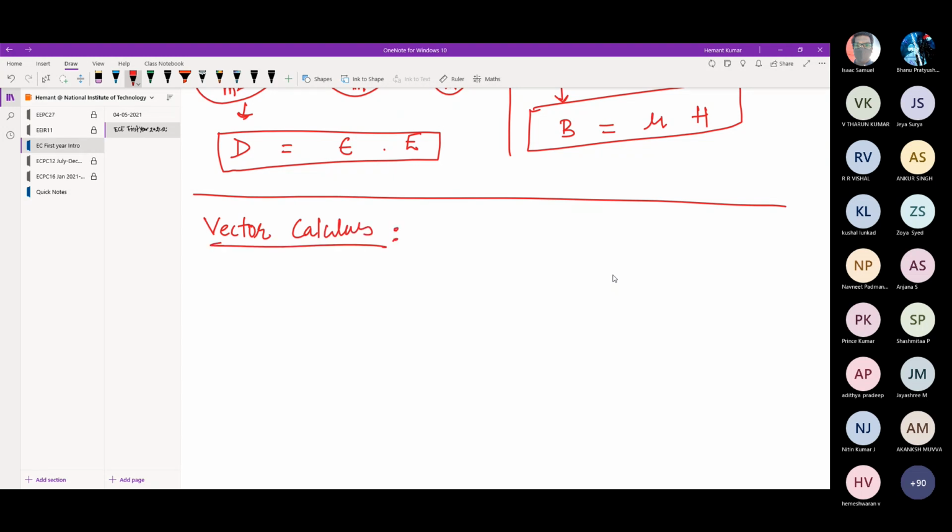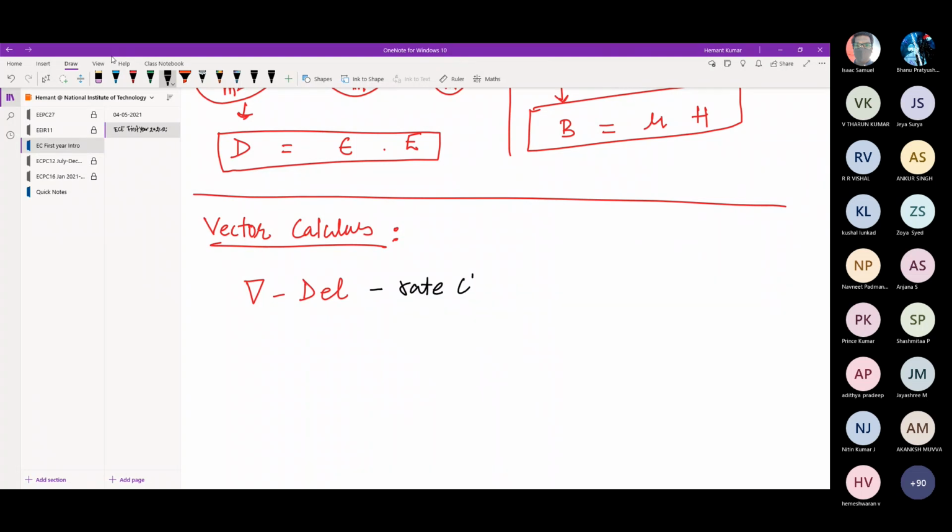So there is one operator that is known as the del operator. This is the symbol and it is known as del. And what is del? Actually, del gives the rate of change of any quantity with the direction of change. So what does it mean?